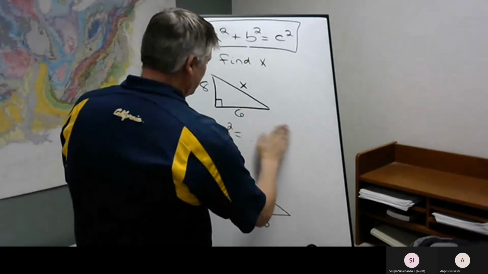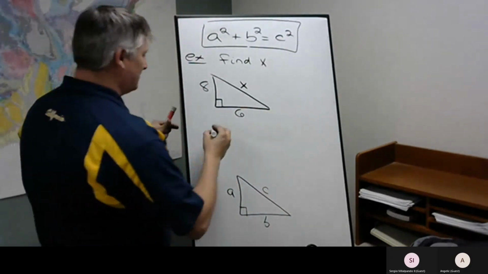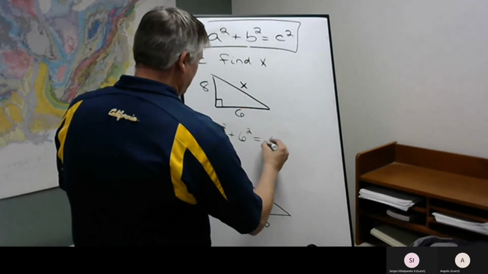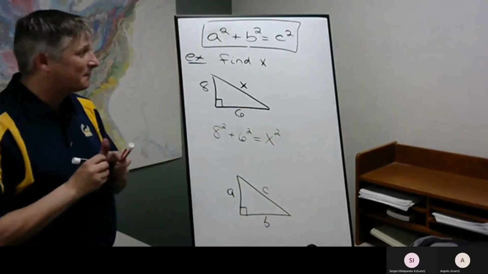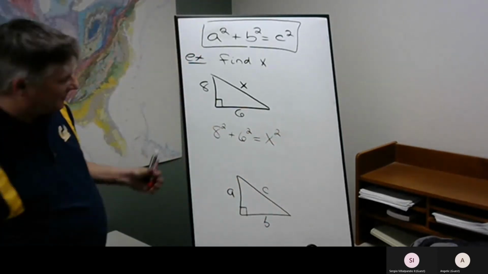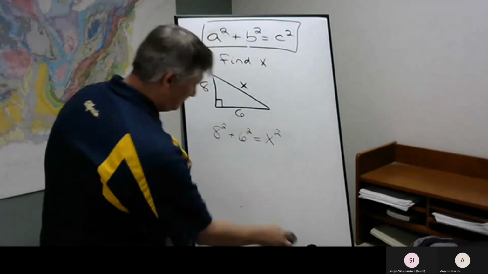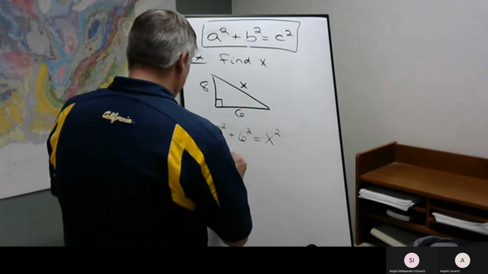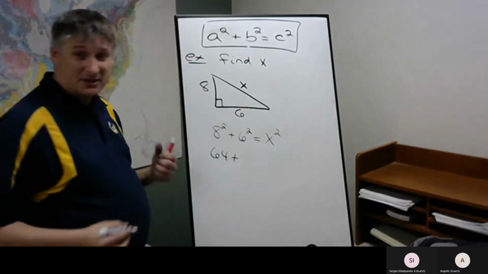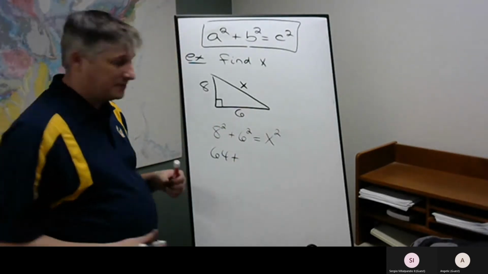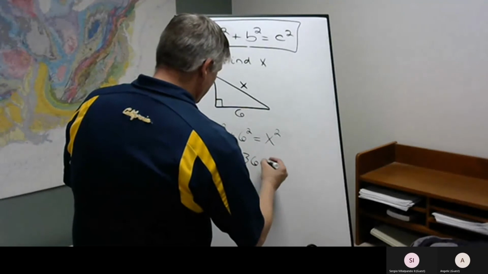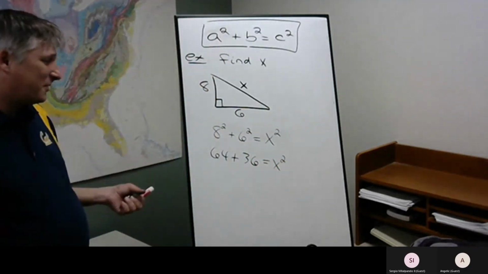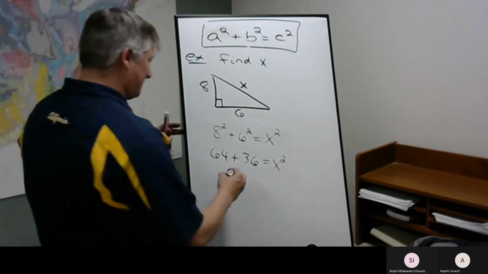Or, to stick to the formula a little more, 8 squared plus 6 squared is x squared. Now 8 squared is 64. 6 squared is 6 times 6, or 36. That's x squared. 64 plus 36 is 100.